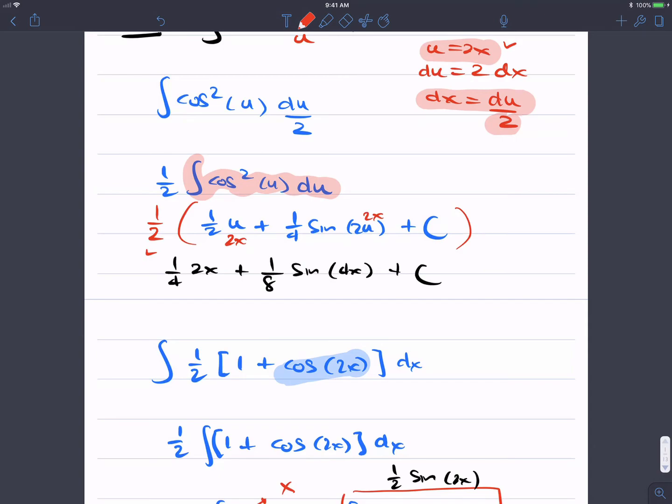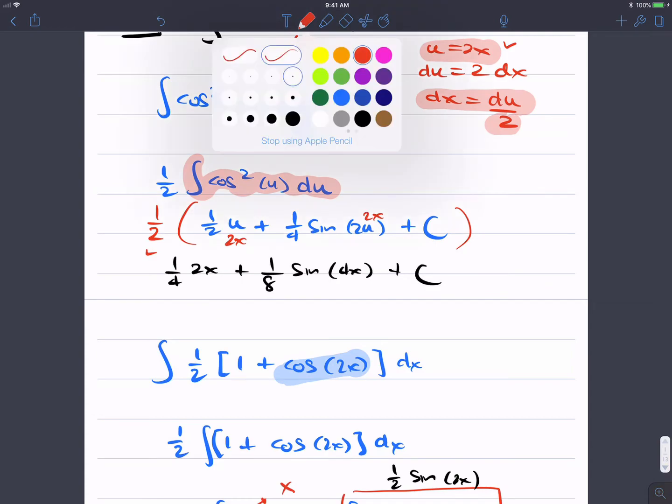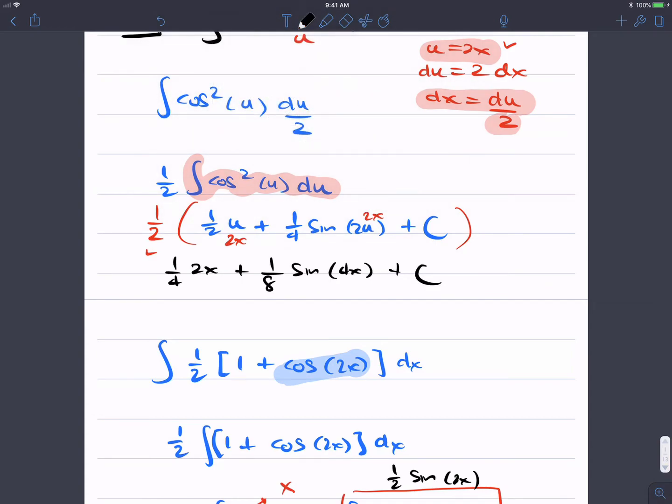Don't forget that 1/2 is outside. Yes, 1/4 times 2 becomes 1/2, so we can actually simplify that. So you'll have, looks like, 1/2 x plus 1/8. Remember, 2 times 2x is 4x, sine 4x plus that constant. Sometimes people say, oh, can I write that as a half a constant?